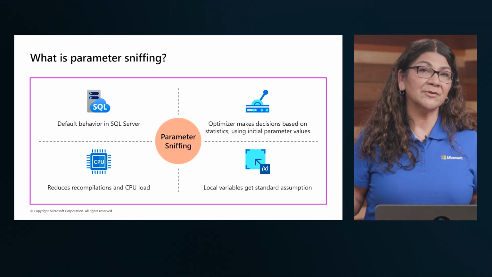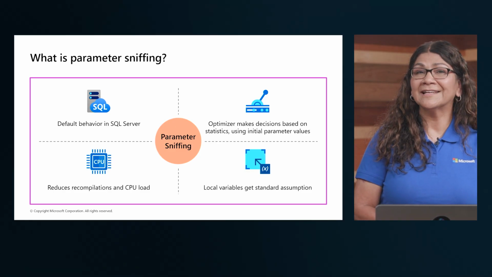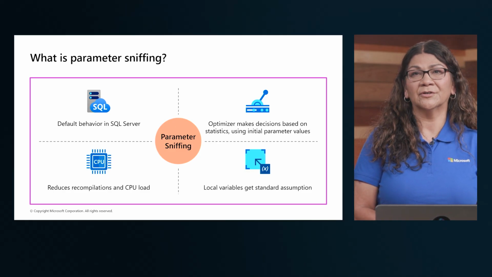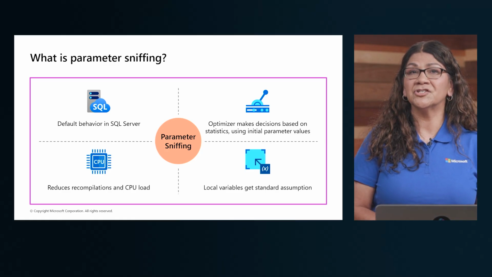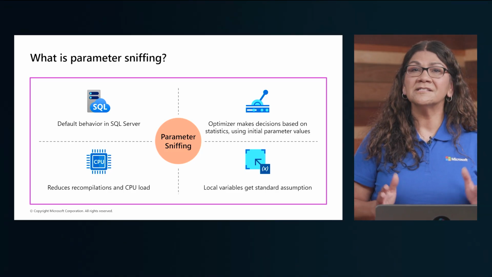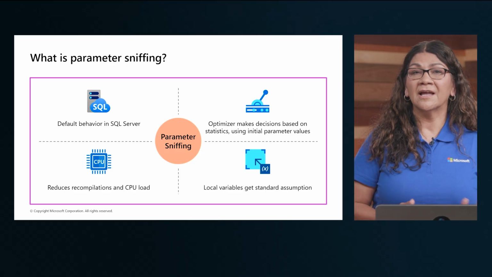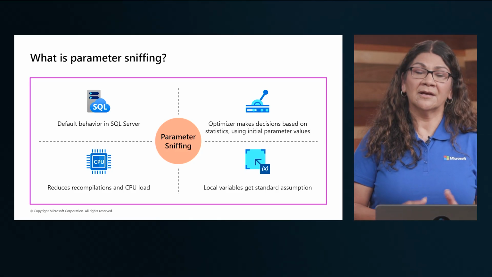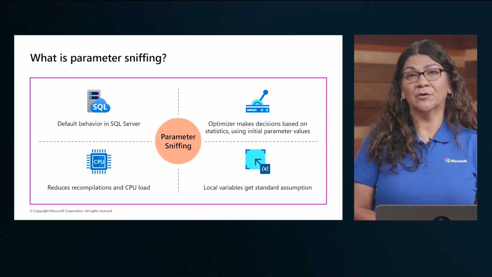What is parameter sniffing? You might be asking right now. It is a key behavior in SQL Server where the query optimizer uses the initial parameter value to generate an execution plan based on available statistics. This default behavior helps reduce recompilations and CPU usage by reusing plans, which can be beneficial for performance.